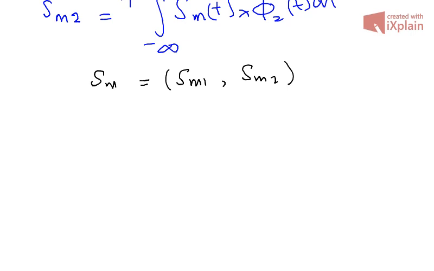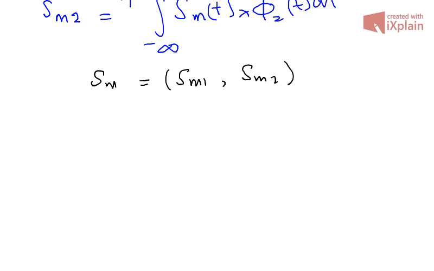In the Euclidean space, each signal point Sm has two coordinates, Sm1 and Sm2. So you can always find the energy of the signal.